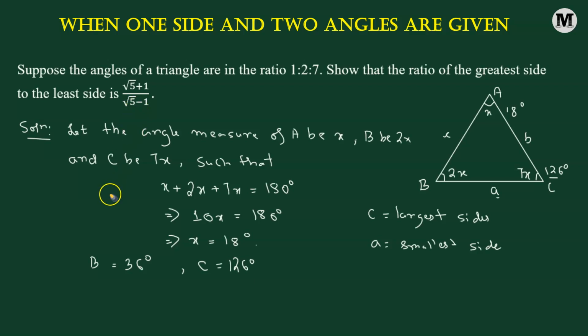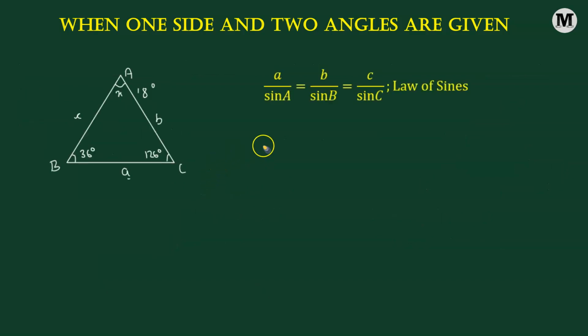Okay, now in order to do that, we'll take the help of the law of sines. So in any triangle ABC, if we know the sides as well as the angle measures, then the law of sines simply states that the ratio of the side a to the sine of the angle that is opposite to that side, which is A here, is equal to b over sine B, equal to c over sine C. So we're going to take the help of this law of sines here.